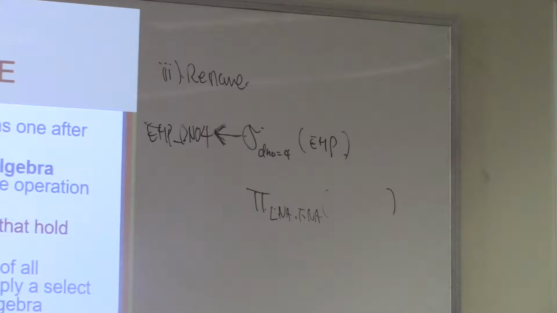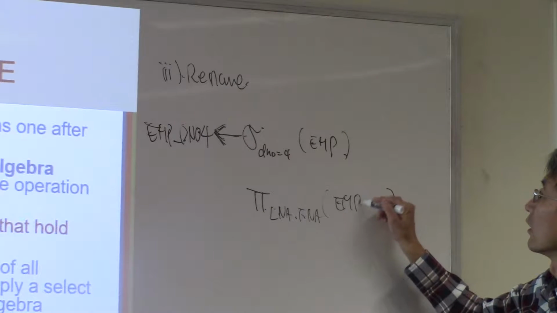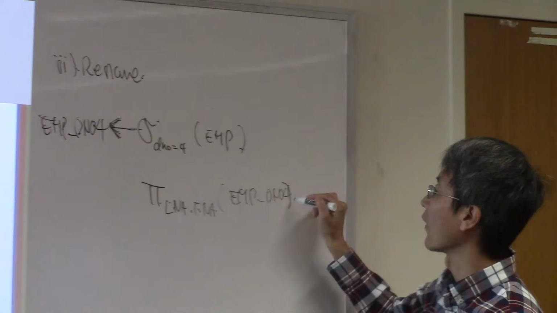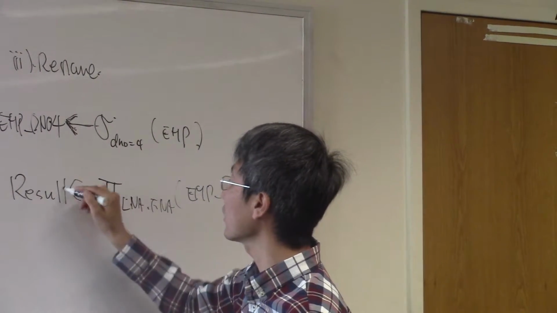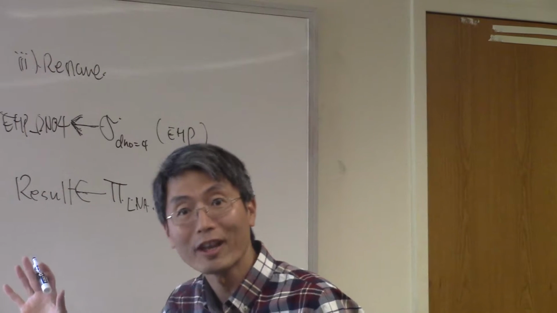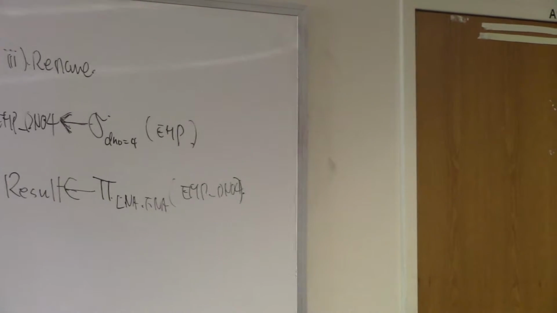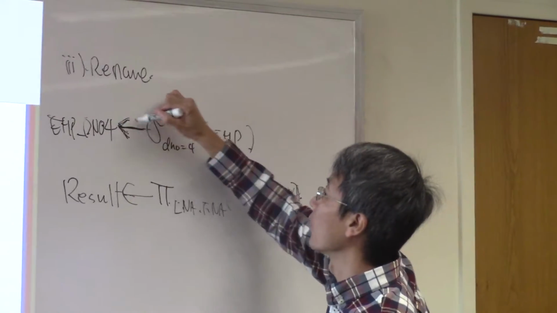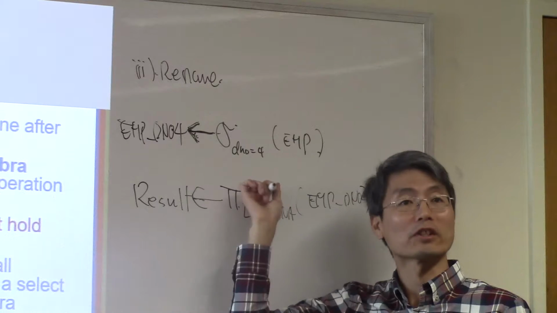Then we can use this name here, DNO5. Then this is the result. Result is the name of the relation. You can rename whenever you want using this arrow.